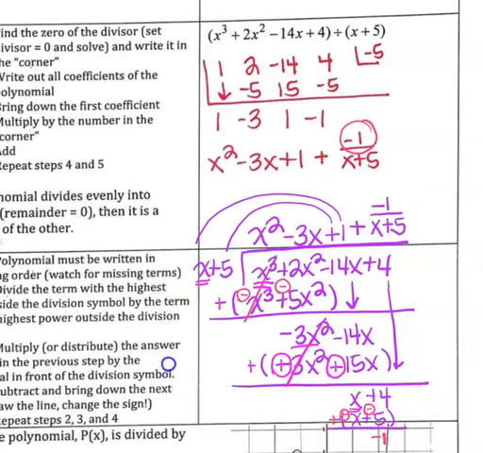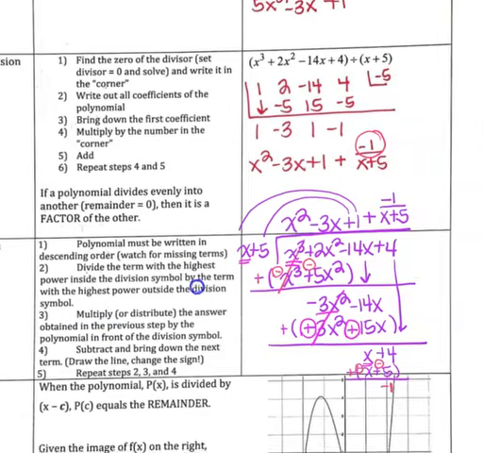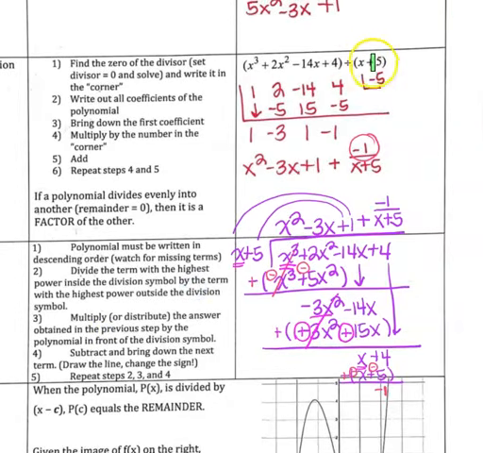So as long as it's a linear function here with a leading coefficient of 1, like x plus 5, x minus 2, x plus 1, things like that, synthetic division is probably the way to go. But you do have long division for those other more complex ones where synthetic isn't an option, but also long division just always works. So that's going through that process.